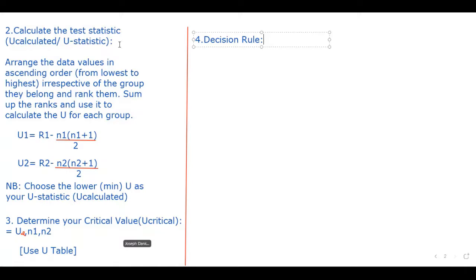So the decision rule for this Mann-Whitney U test is the direct opposite of the critical value approach and the parametric test.